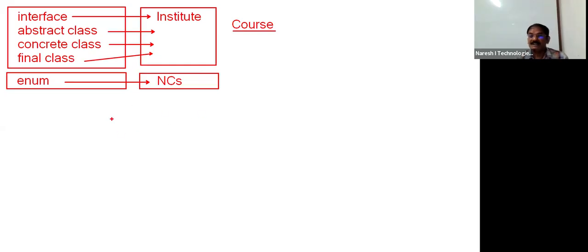So what is an enum? An enum is a kind of class. It is also a class, but what type of class? It is a final class. So what is an enum? Enum is a kind of class. It is a final class. Point number one: what is enum? Second point: why enum?